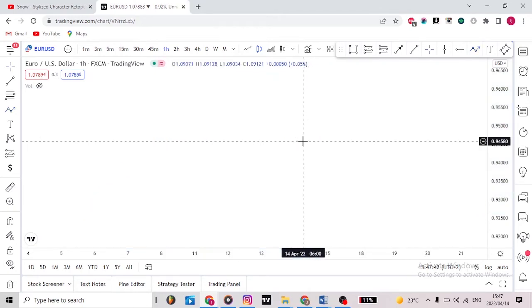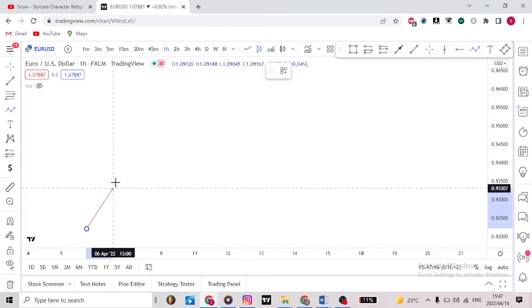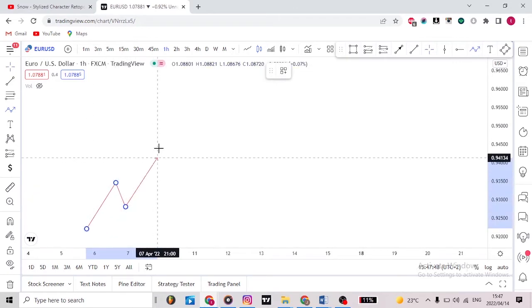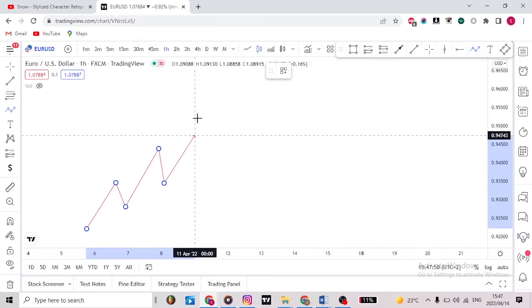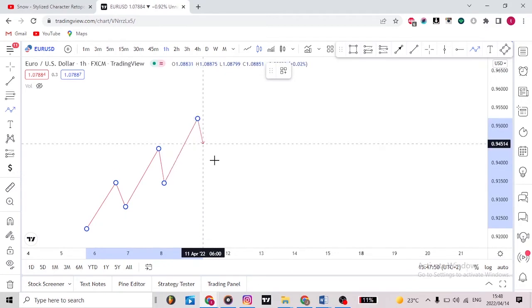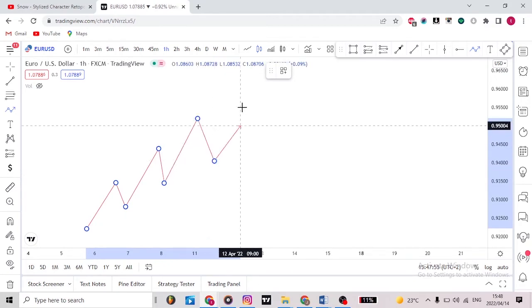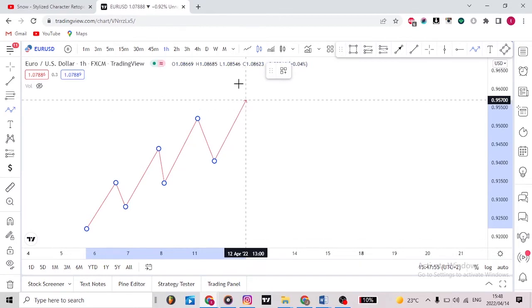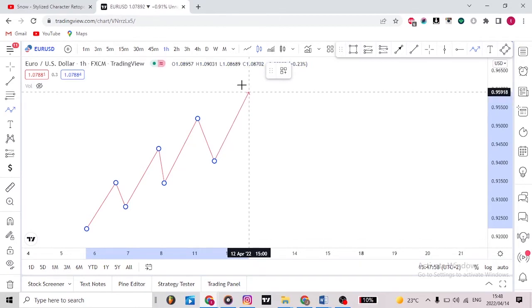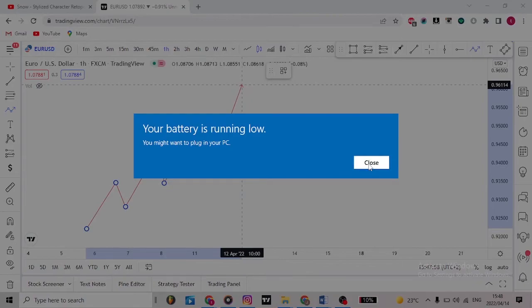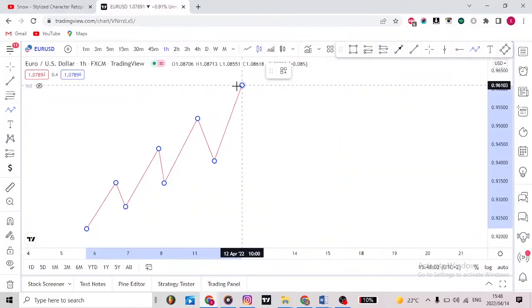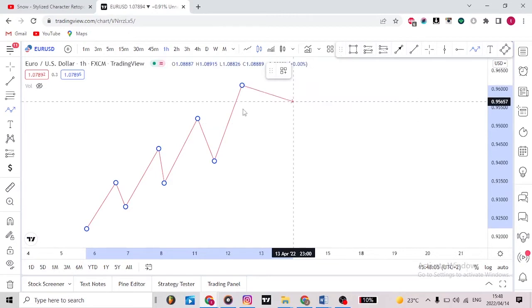Okay, let me do that again. I'm making higher highs, higher lows, higher highs, higher lows, and then we see the market doing something like this.